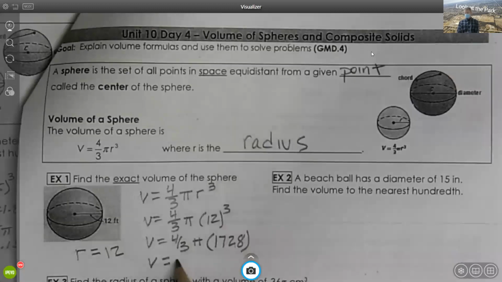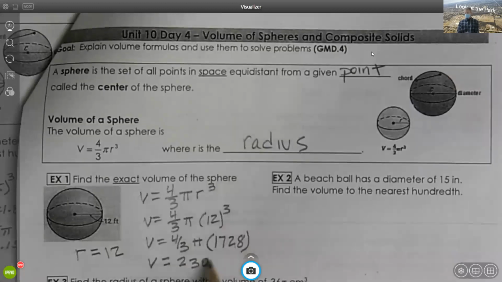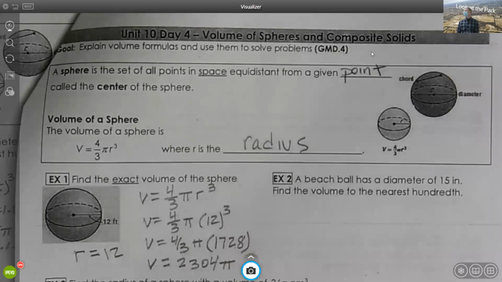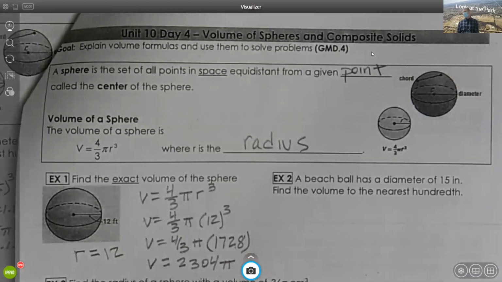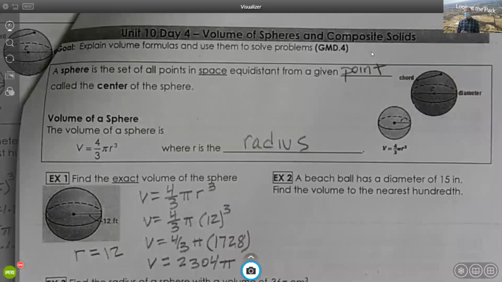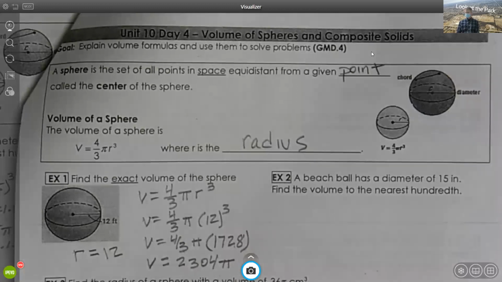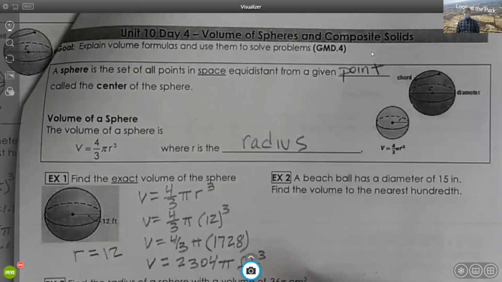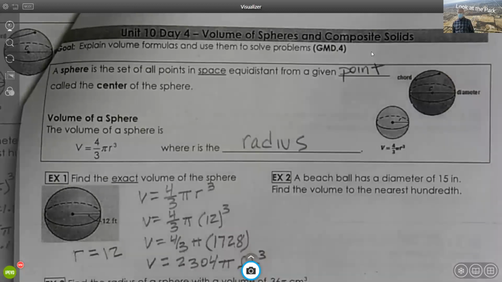When you multiply by the pi, we would get a decimal, and then the decimal gets rounded, and it's no longer exact. So that's 2,304 times pi feet cubed.